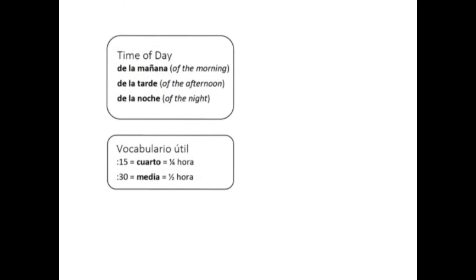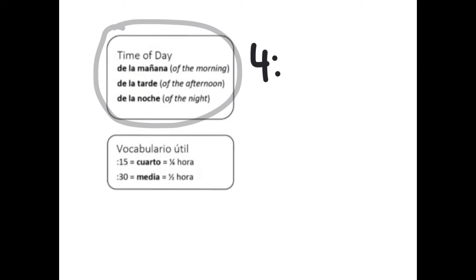Also, if you're trying to say the certain time of day, this is the vocab you have to remember. So if you're trying to say 4 p.m., then it would be son las 4 de la tarde, because that's in the afternoon.